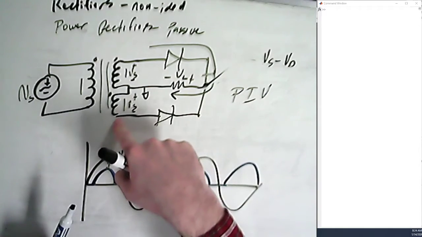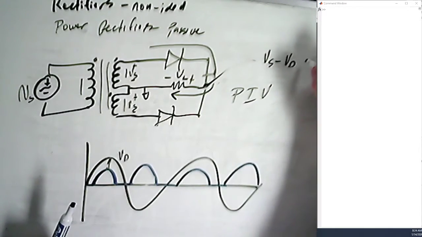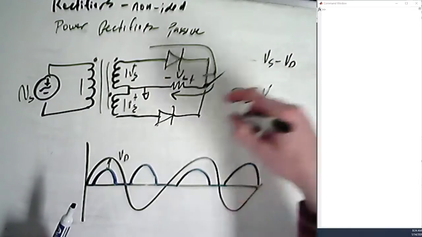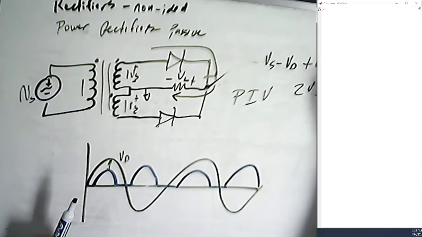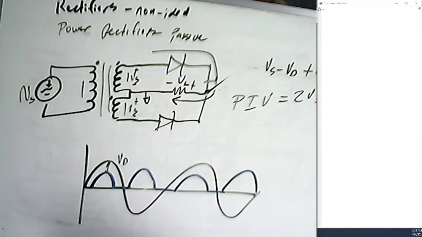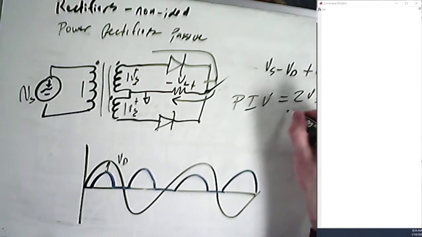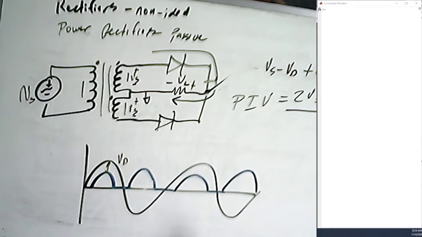The voltage here is going to be minus Vs. So if we look at minus Vs, and so that's going to be another Vs, 2Vs minus Vd is what that one turns out to be. So what that does for us, though, is that means that's a much larger peak inverse voltage. We have to have bigger, more robust diodes in order to withstand that. But everything else is copacetic.